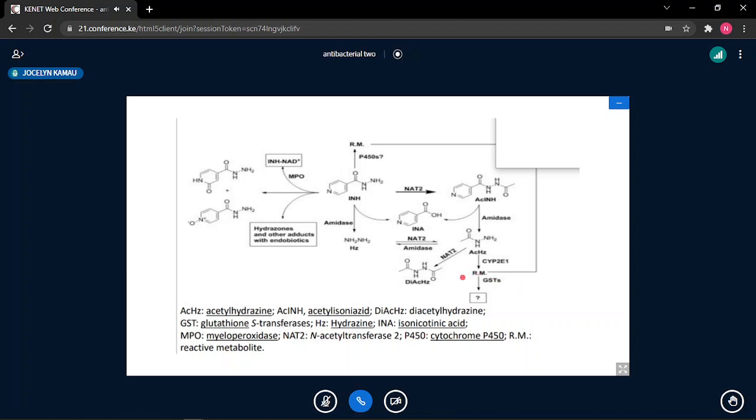That's why, when we discuss paracetamol, we will see that paracetamol can cause toxicity, especially in patients who have malnourishment and do not have enough glutathione. Once you don't have enough glutathione, either through malnourishment or ingestion of alcohol, you can be susceptible to drug toxicity, especially from drugs that make what we are calling reactive metabolites.